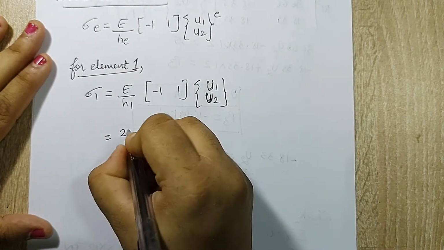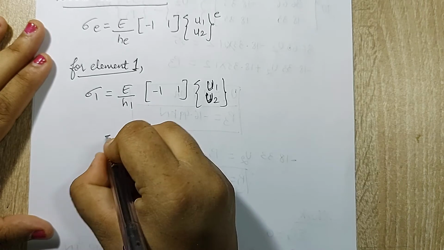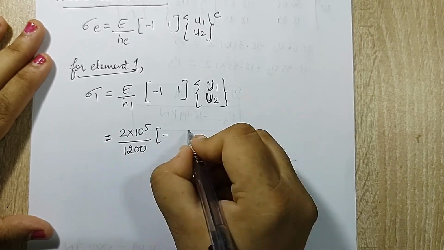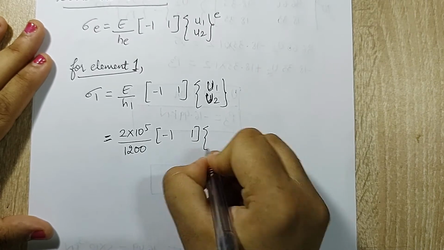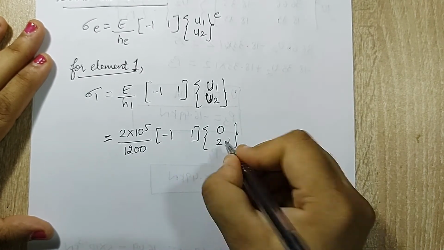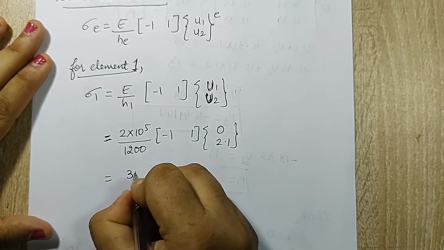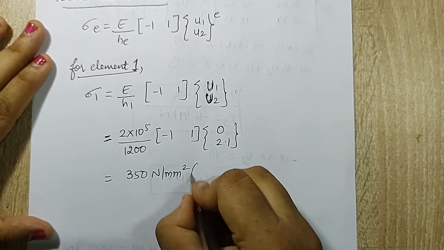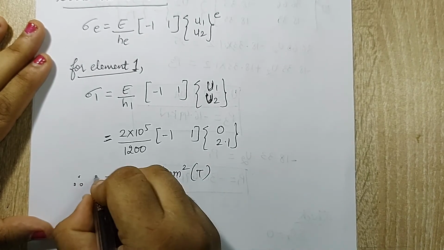Value of E is 2 into 10 raised to 5. Value of H1 is 1200. Minus 1, 1. U1 is 0. U2 is 2.1. I get this answer as 350 Newton per mm square. Since it is positive, I'll write it is tensile.